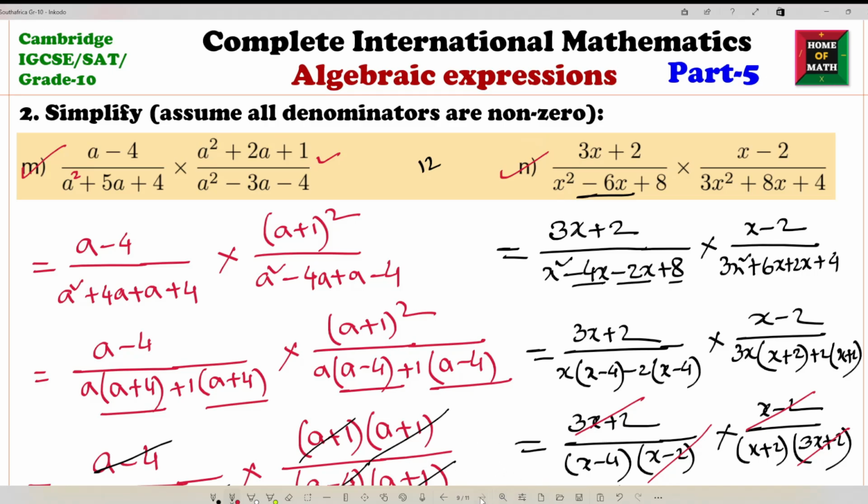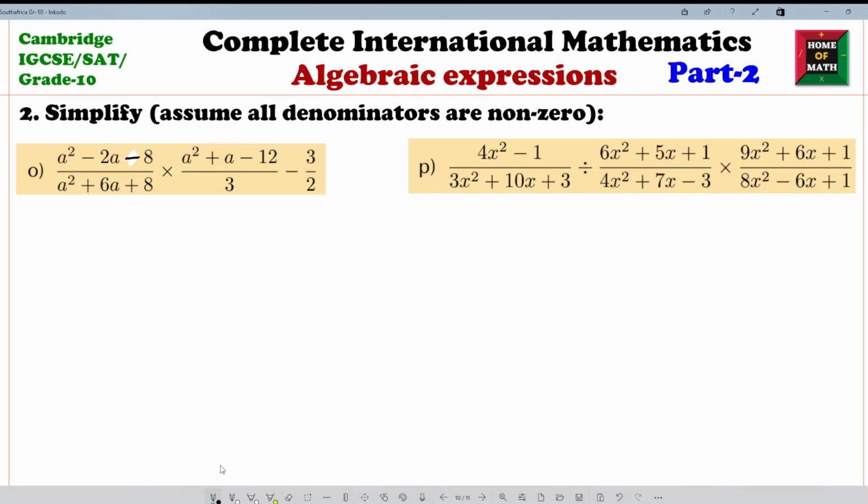Now number O. a square minus 2a minus 8 divided by a square plus 6a plus 8, times a square plus a minus 12 divided by 3 minus 3 by 2. First we write a square minus 4a plus 2a minus 8, since 4 times 2 is 8 and minus 4a plus 2a means minus 2a.